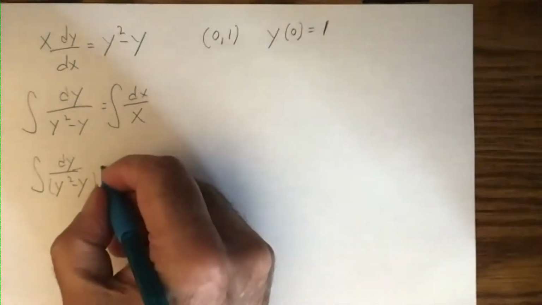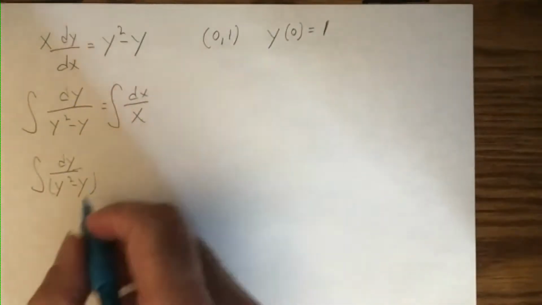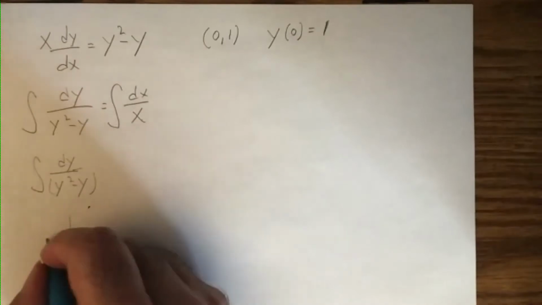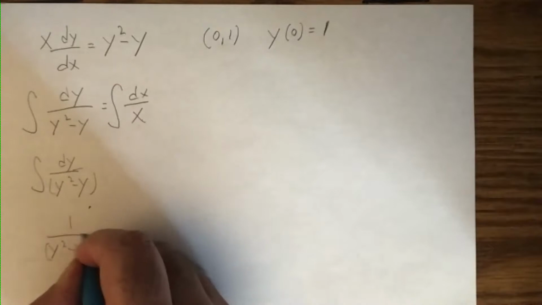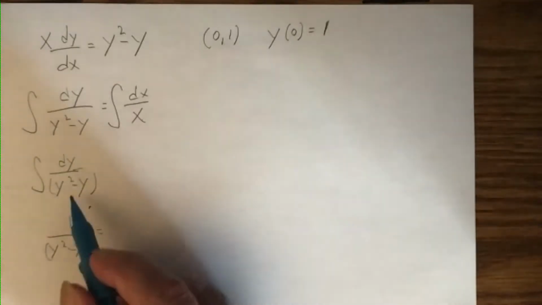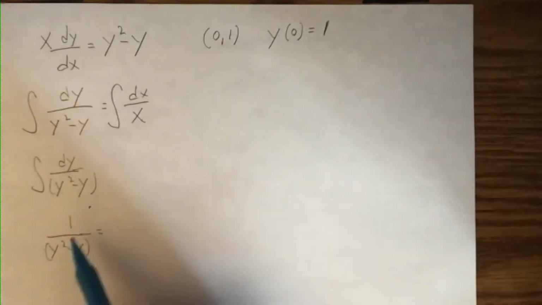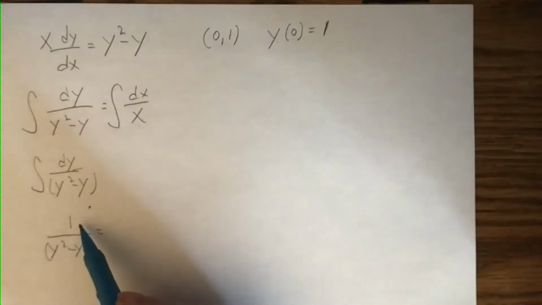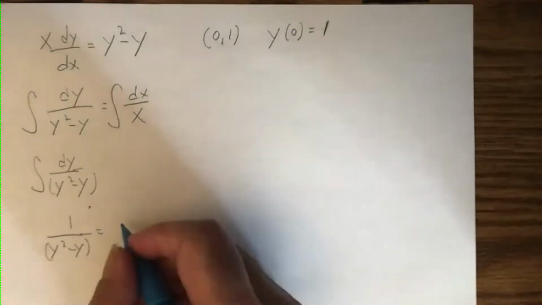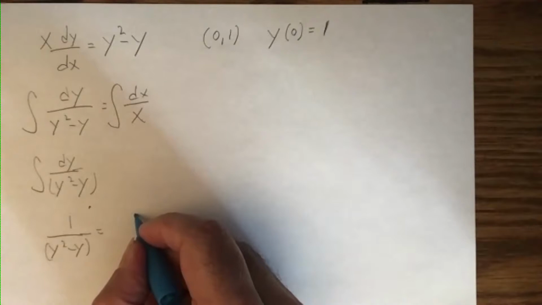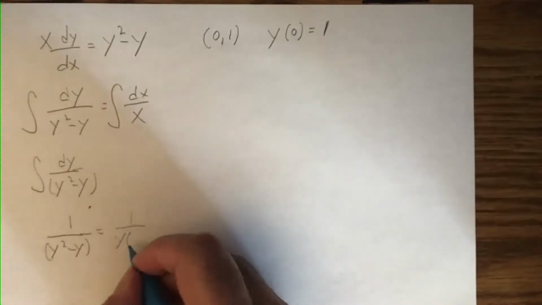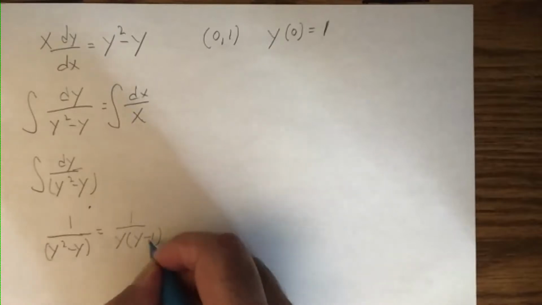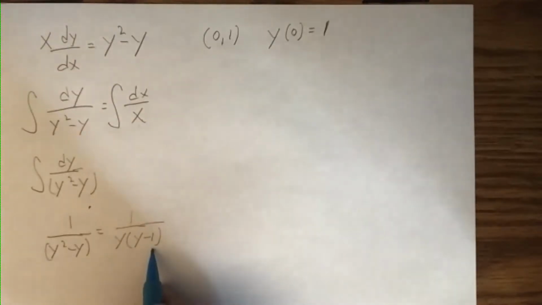Let me do this. Let's take a look at this. All right. I could solve this integral by breaking it up into partial fractions. Hopefully you remember that from calculus 2. First of all, I can factor out the y, and write it like that.